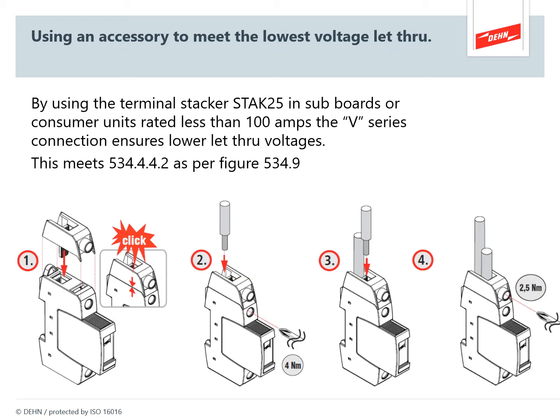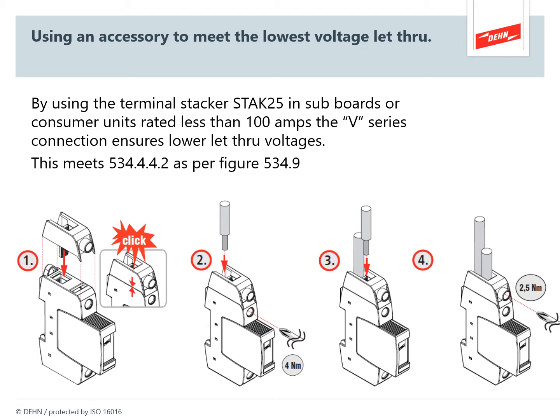So what we have within the product range is the Stack 25. And this will snap into the top of, say, the Type 2s or the DEHNshield Type 1 devices. And it provides an additional terminal so you can utilize this V connection, bearing in mind the maximum of 100 amps. So we only really would see this in subboards or consumer units.